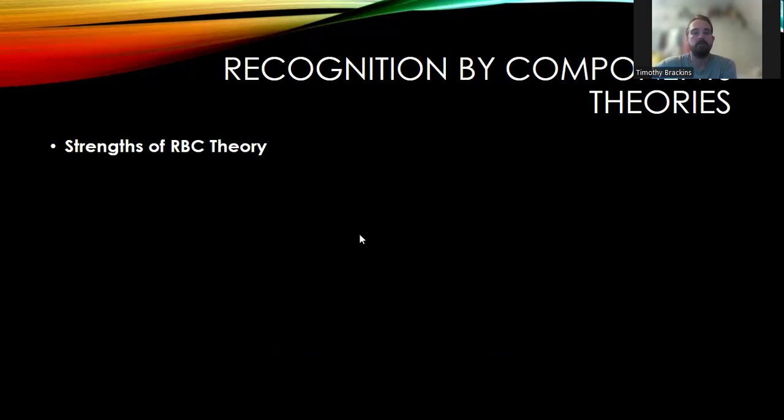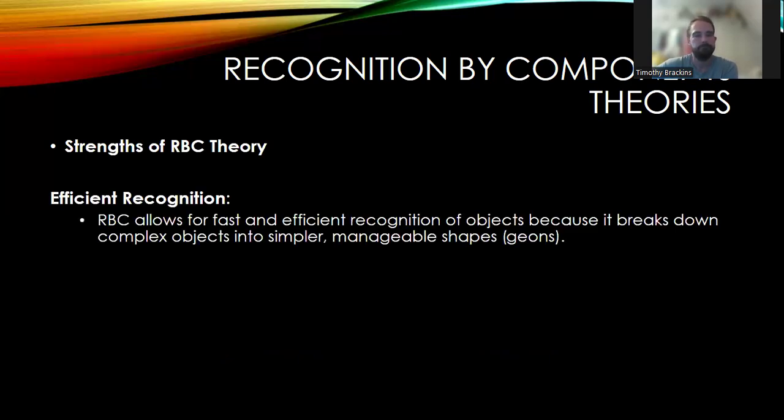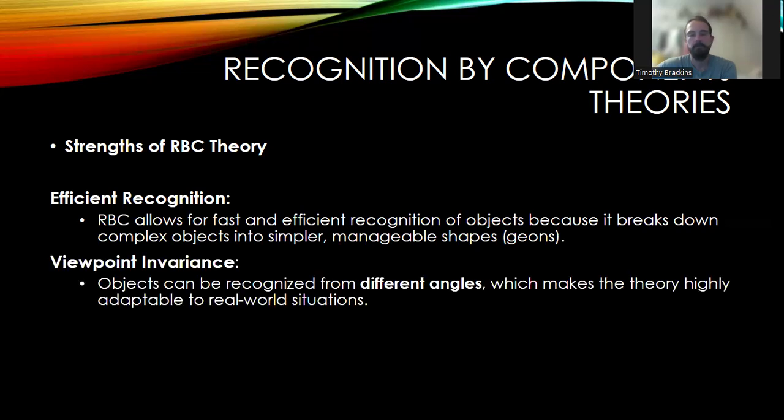So what are some strengths of RBC theory? Well, it allows for fast, efficient recognition of objects, because it's breaking down very complex objects into simple, manageable shapes, these geons. Another strength is that we can recognize objects from different angles, which makes it very versatile and adaptable in real-world situations.